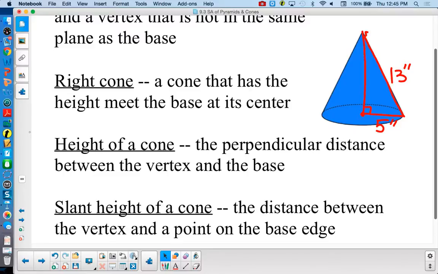All right, so yes, the bottom will be pi r squared because it's a circle. This slanted part that goes up is kind of a weird shape. If you would undo it, do you remember what it looked like when we looked at the net? We had the circle, and then there was kind of a weird shape.